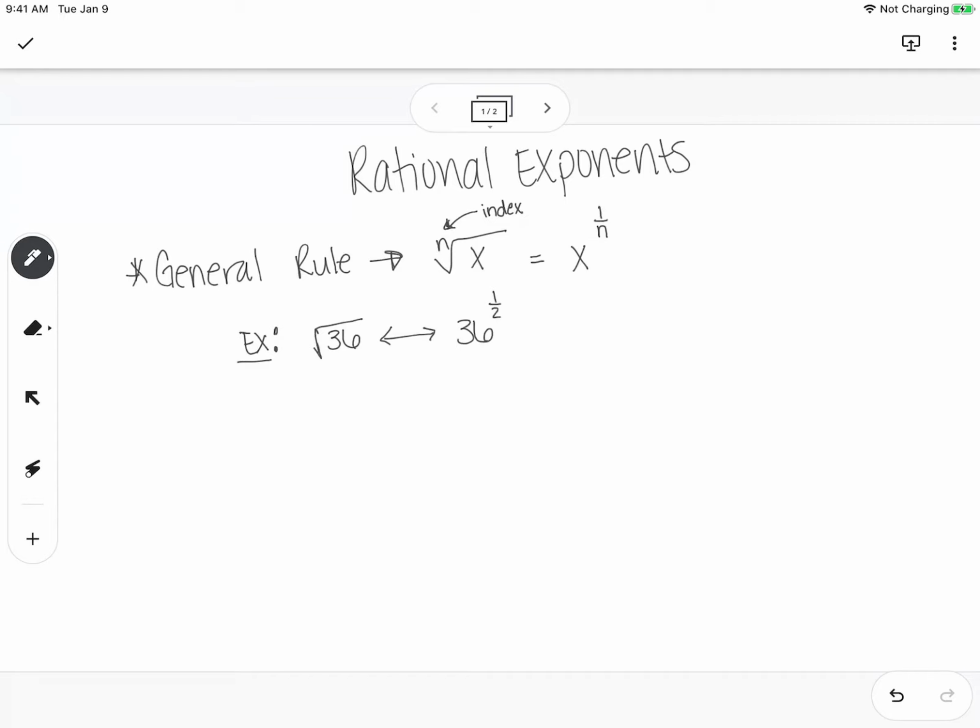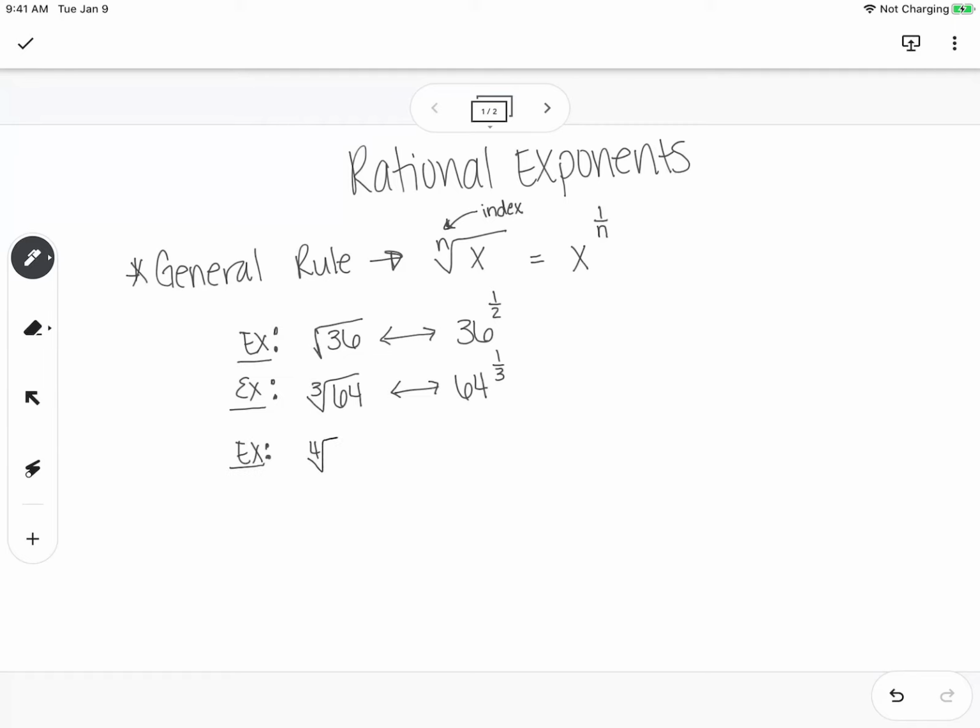Okay, so another example would be the cubed root of 64. Again, we are not simplifying. We are just looking at how to rewrite this. So this would be the same as saying 64 to the 1/3 power. 64 to the 1/3 power is the same as the cubed root of 64. Pretty simple. And we can keep doing this all day long.